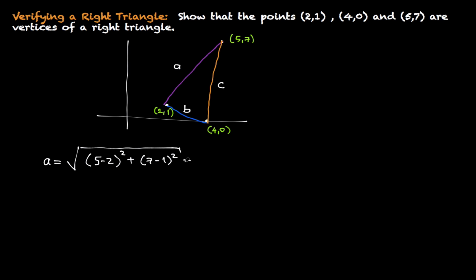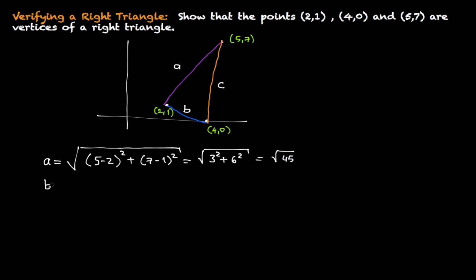And what does it give me? It gives me 3 squared plus 6 squared, which is 9 plus 36, so the square root of 45. Let's keep this one here.